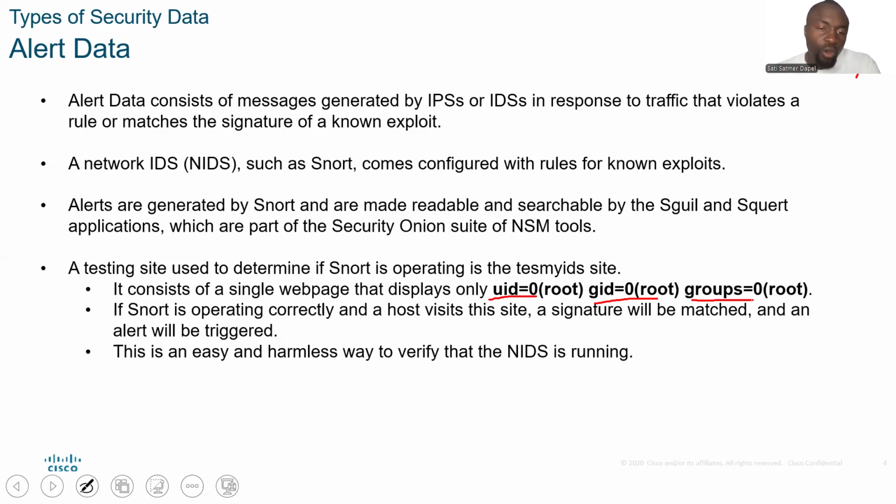If Snort is operating correctly and the host visits this site, a signature will be matched and an alert will be triggered. This is an easy and harmless way to verify that the network intrusion detection system is running. So you use this Snort application to work on it.